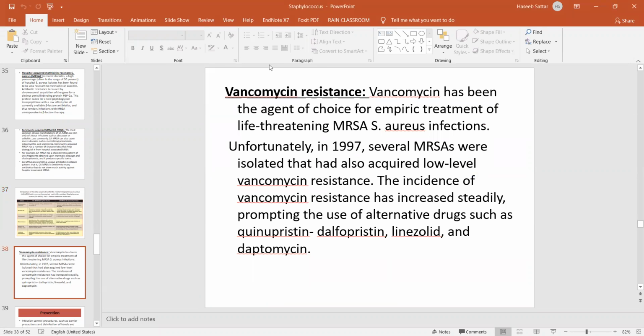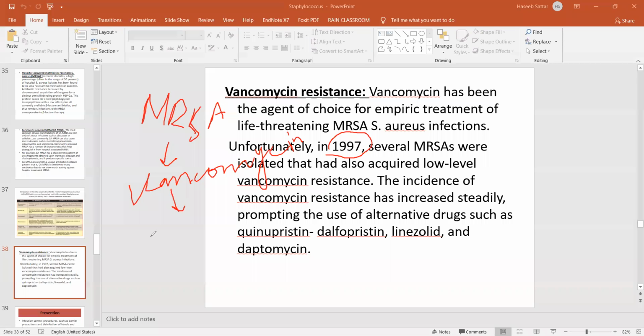So vancomycin resistance was already reported in 1997. Several isolates have been found that show vancomycin resistance. I have told you that if a patient is MRSA positive, the drug of choice for treatment is vancomycin. Because of vancomycin resistance, now we have linezolid.